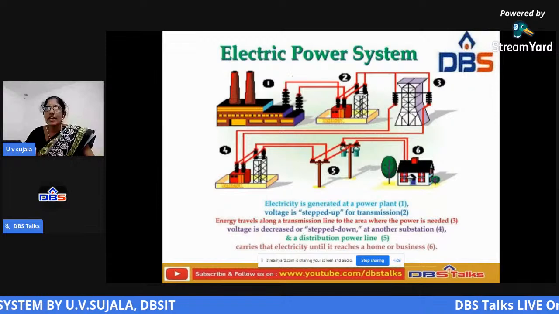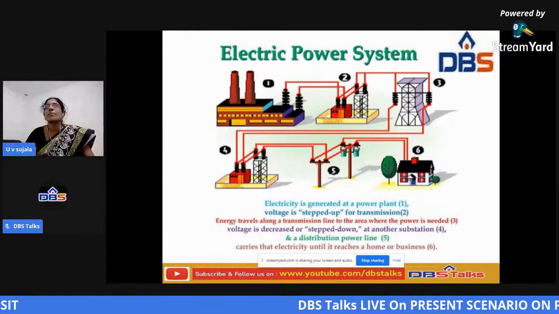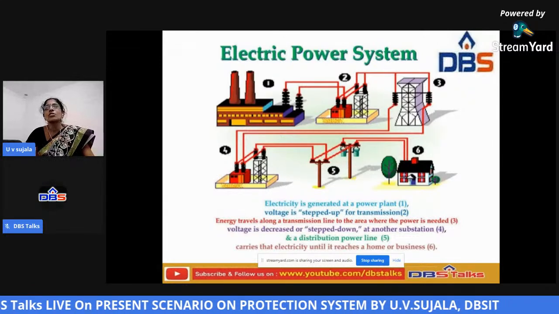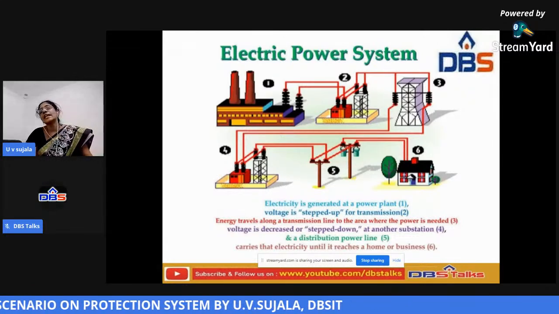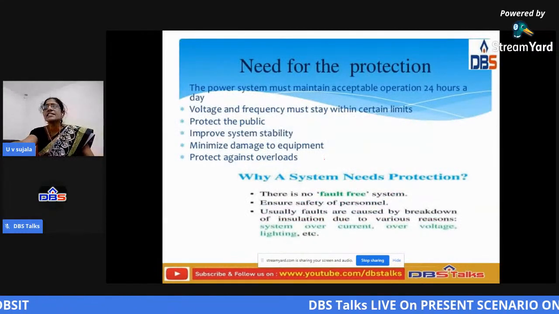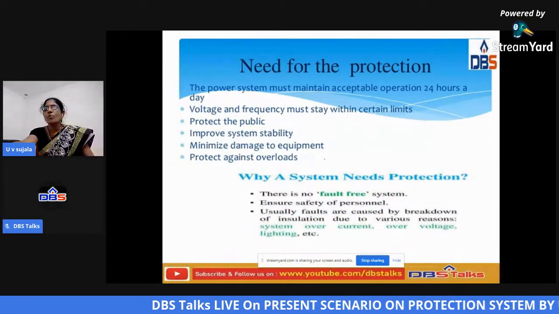So whatever the generation, then it will be stepped up, then transmission line, then step down, and then we use the distribution power line until the electricity reaches the home. So what is the main need of the protective system?